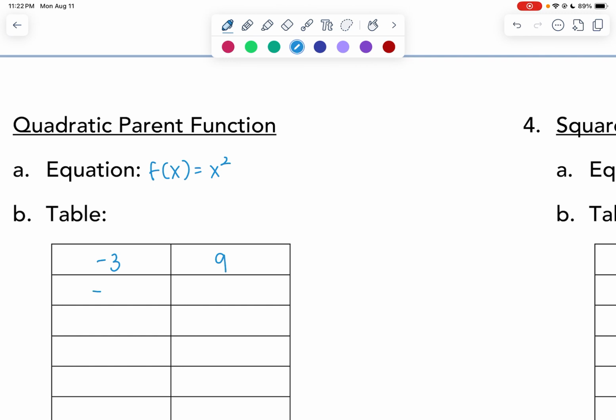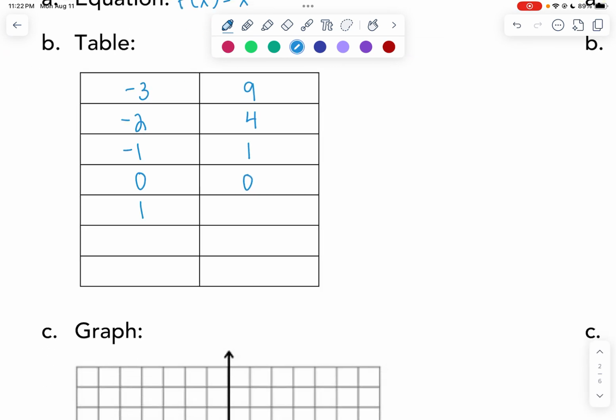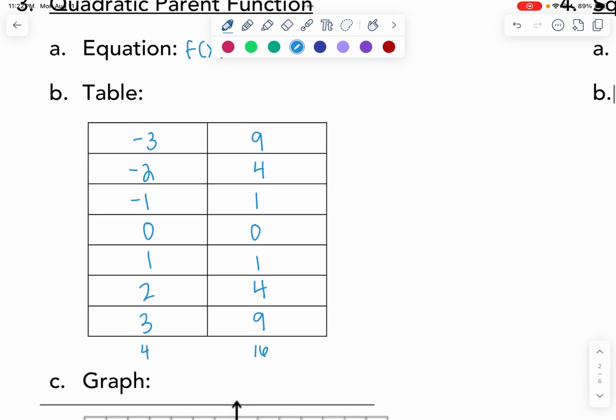If I plug in -2, well, what's -2 squared? -2 times -2 would be +4. What's -1 squared? Well, -1 times itself is going to become a +1. 0 would give you 0. Remember that 1 squared is 1, 2 squared would be 4, and 3 squared would be 9. Now you could keep going to 4 squared is 16, or you can go the opposite direction and say, what's -5 squared? And that would be 25.